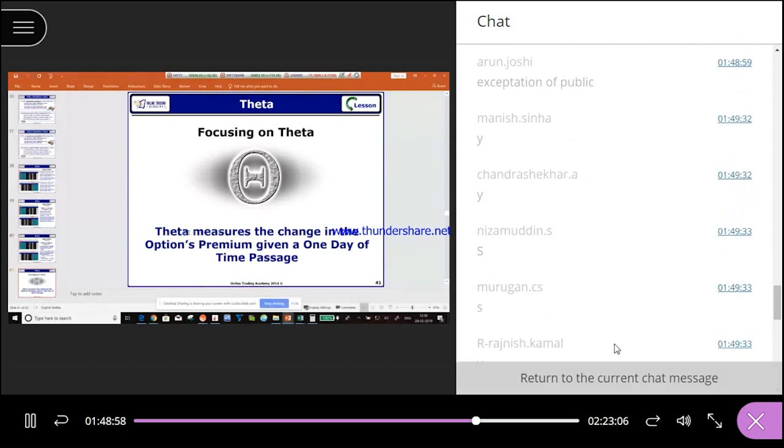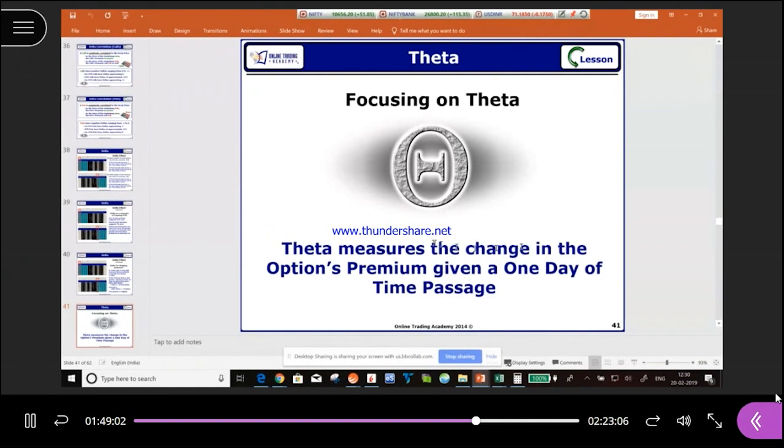Okay. So theta tells you the change in the expectation. Theta measures the change in the option's premium given 1 day of time passage. So if 1 day goes, if everything else remains the same, the underlying doesn't move, people's expectations don't change, interest rate doesn't change, and nothing changes, only 1 day passes.